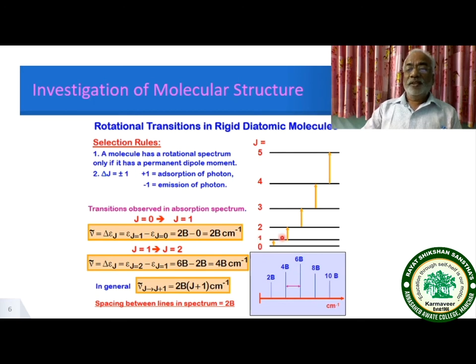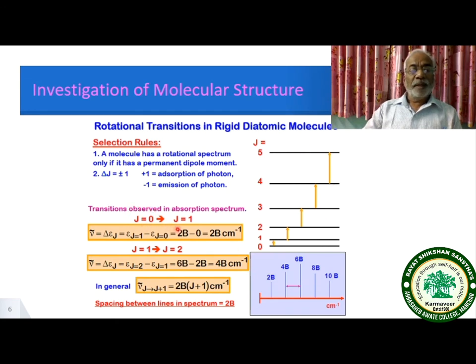It means energy state 1 becomes populated. Again the transition is possible from 1 to 2, meaning the higher energy states are also equally populated. Hence, all the transitions are shown here from one of the lower energy states to the next higher energy state. For the sake of simplicity, we consider here delta J equal to plus 1.